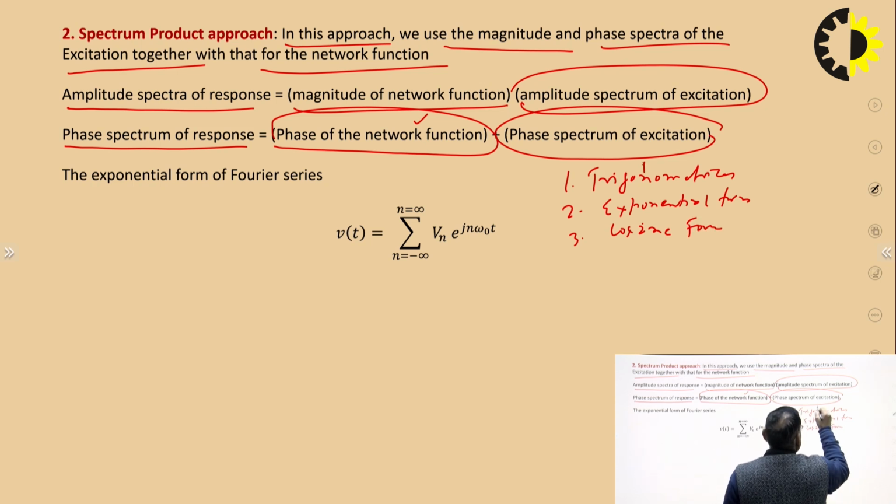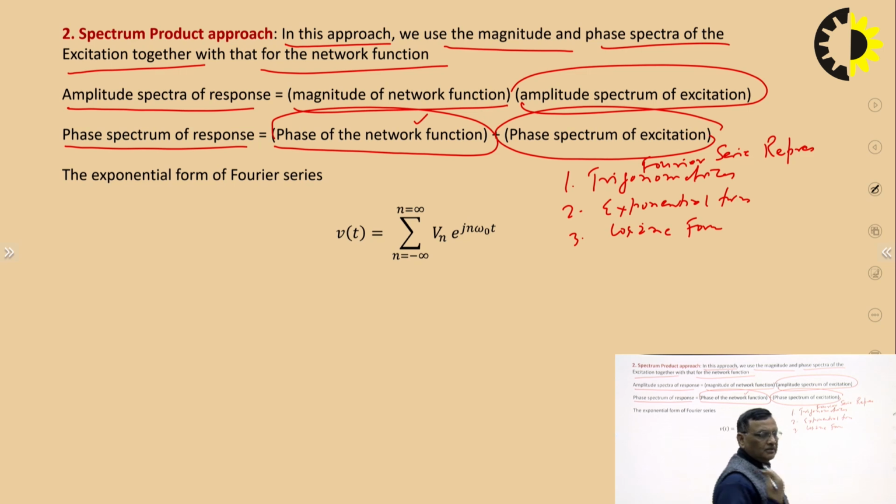This is the Fourier series representation: trigonometrical form, exponential form and cosine form. In the previous lecture we discussed the cosine form of the Fourier series. Today I am going to discuss the Fourier series in the exponential form.